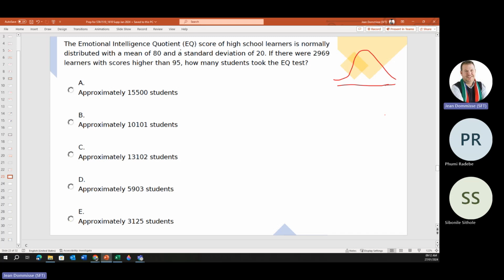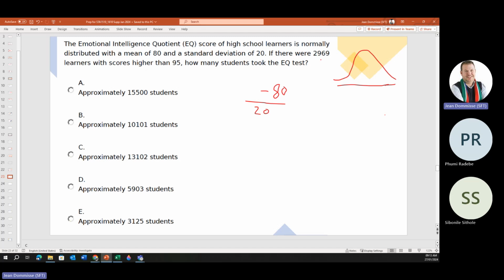Emotionally challenged. The EQ score of high school learners is normally distributed, with a mean of 80 and a standard deviation of 20.